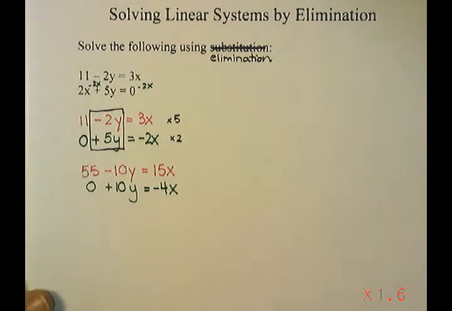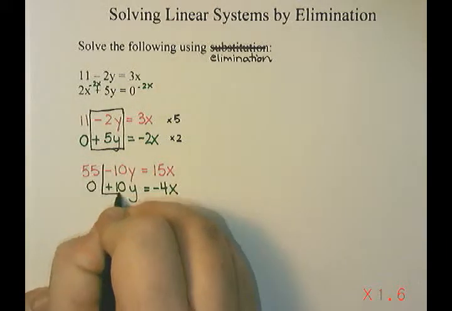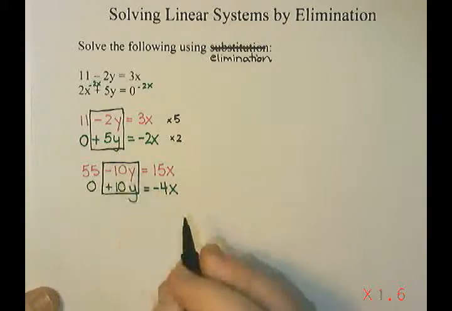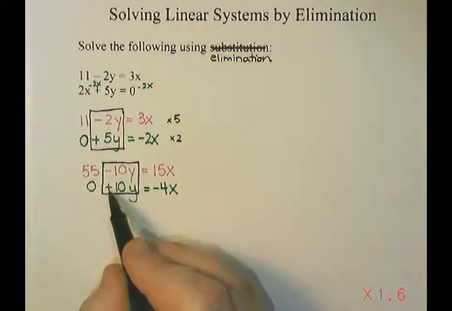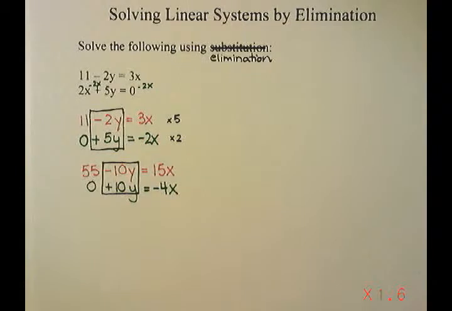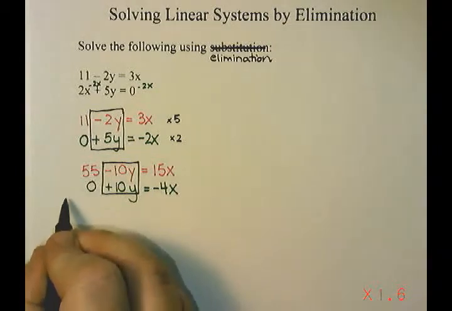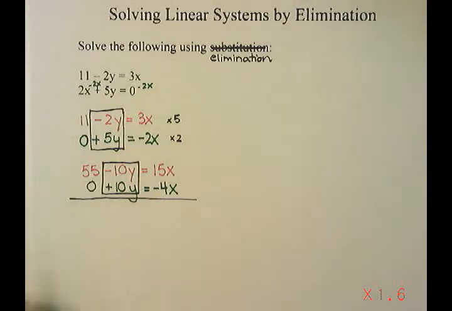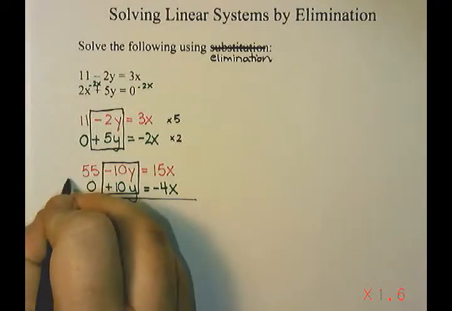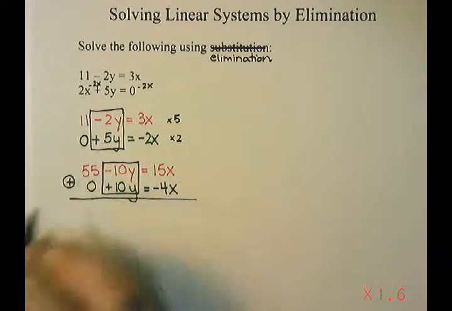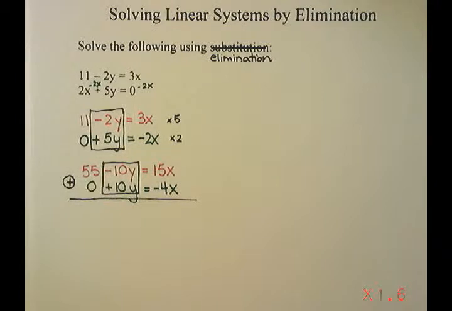So I now notice that I have the same coefficient on both y's, except one is positive and one is negative, which is exactly what I want. So to eliminate or make these cancel out, all I need to do now is add these two equations together.